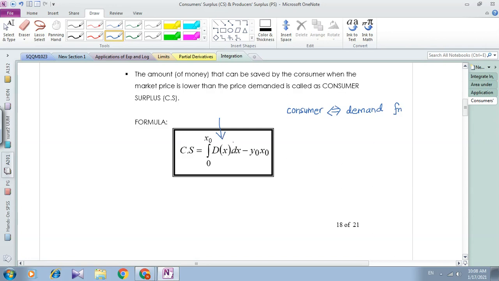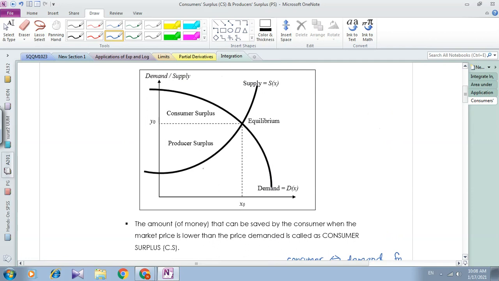And then the lower limit is always zero, because we only consider the first quadrant. The lower limit is referring to this. Because we are going to integrate with respect to the x-axis, we are going to consider from 0 until x naught.